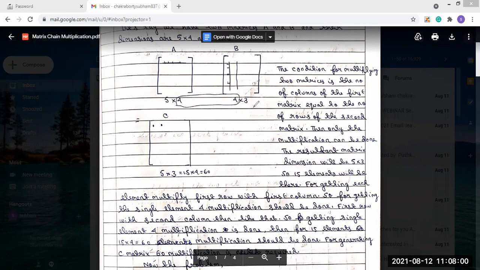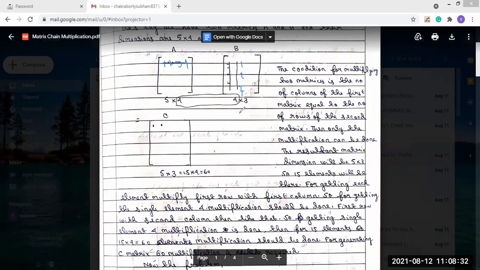Now, how do we find each element in the matrix multiplication? Let's say the values 1, 2, 3, 4 are present in the A matrix, and here also in the B matrix the values are present like 1, 2, 3, 4.